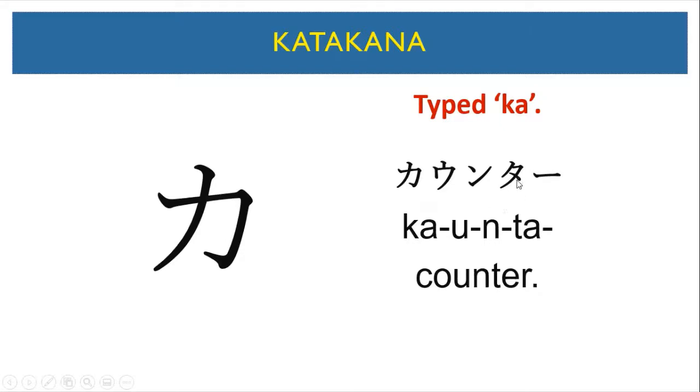So the vowel part has to be stressed. Whenever this line comes, the vowel part of the katakana before it should be stressed. So counta. I'm sorry, I'm exaggerating, but it's like this. Counter.